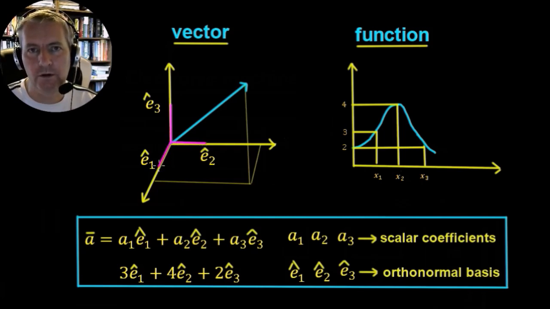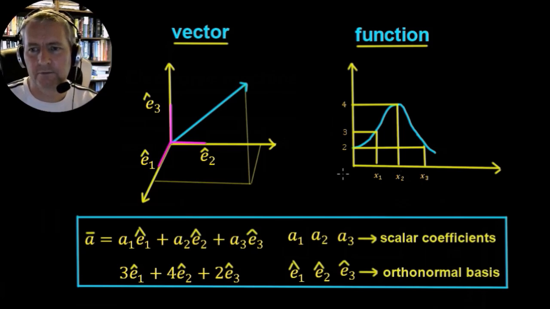And they're length 1, so they're normalized to 1. So we say that these are orthonormal vectors, and we say that e1 hat, e2 hat and e3 hat form an orthonormal basis. In order to work out each vector, we just multiply this orthonormal basis by a scalar coefficient. The scalar coefficients here are simply the 3, the 4 and the 2. So that's our vector.